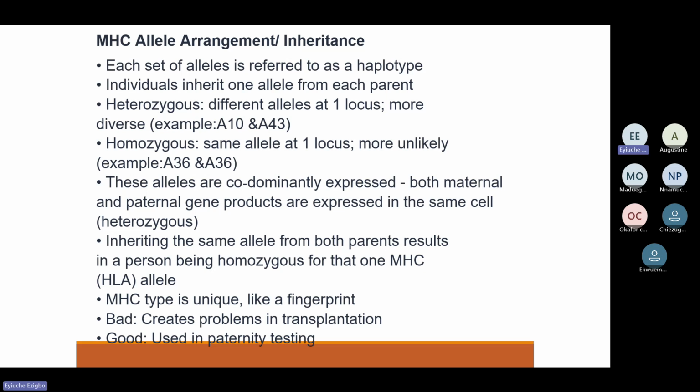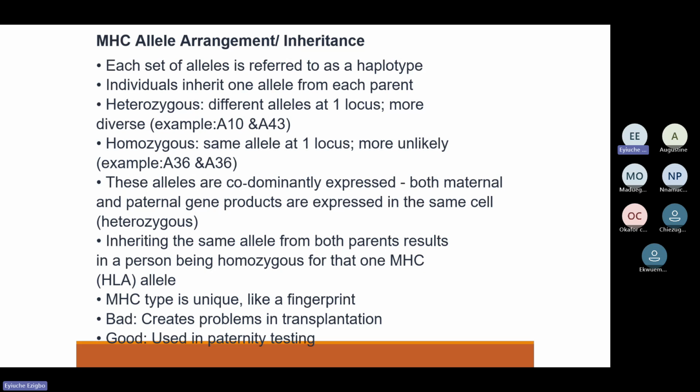But it's good because it's used in paternity testing. The good side of this molecule is that it is what we investigate when we carry out paternity testing. It is the MHC complex that we investigate. In that aspect, it is good because of its highly polymorphic nature. To get two people that are the same is difficult.